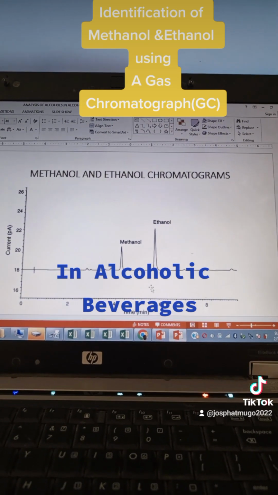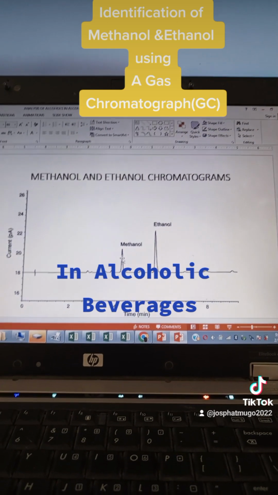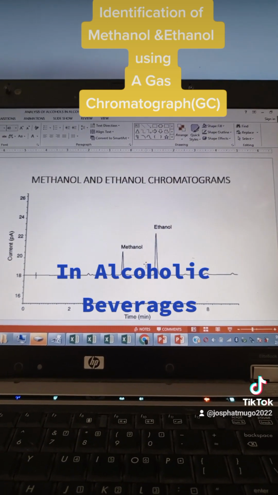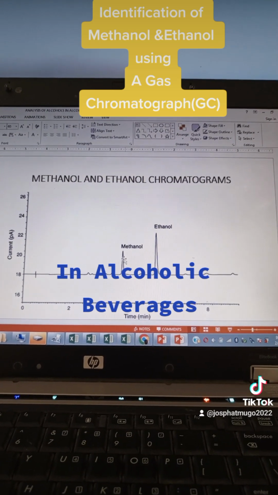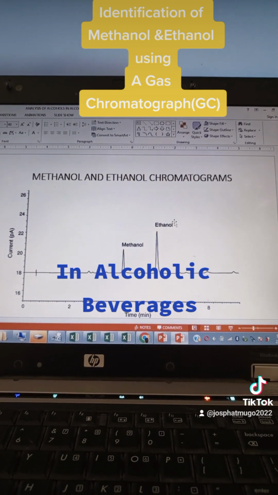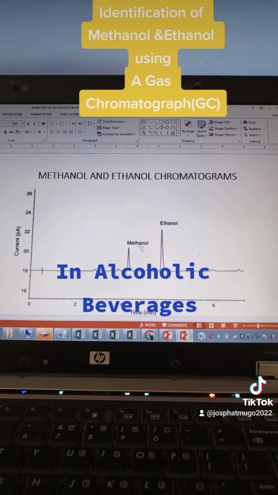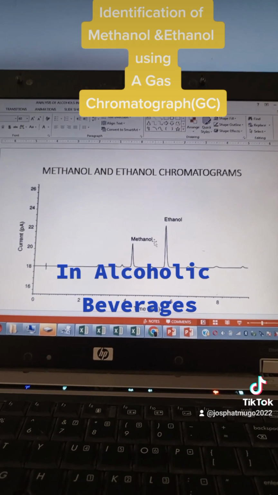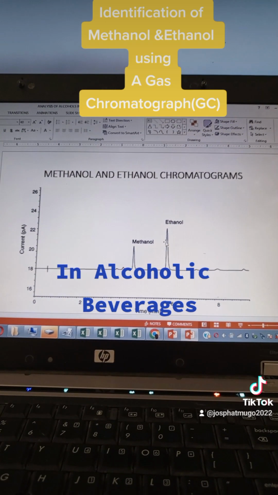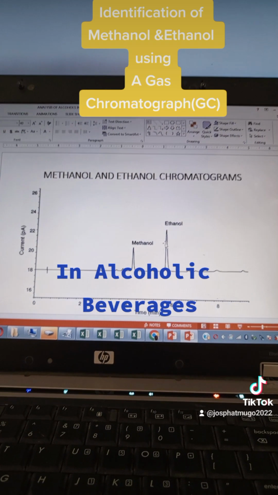And why do methanol and ethanol have different peaks? The boiling point of methanol is lower than the boiling point of ethanol. The boiling point of methanol is 64.7 degrees Celsius, while the boiling point of ethanol is 78.37 degrees Celsius.